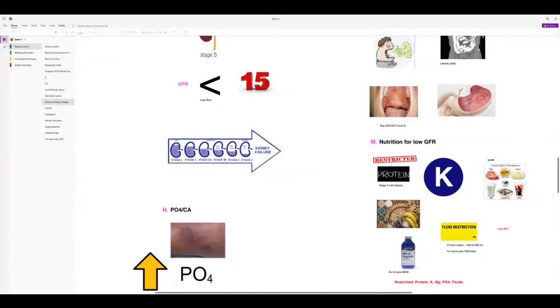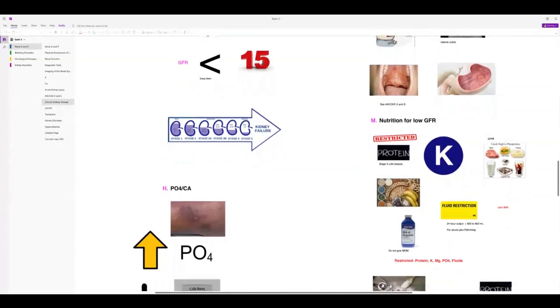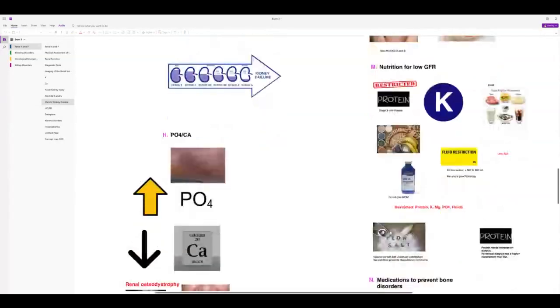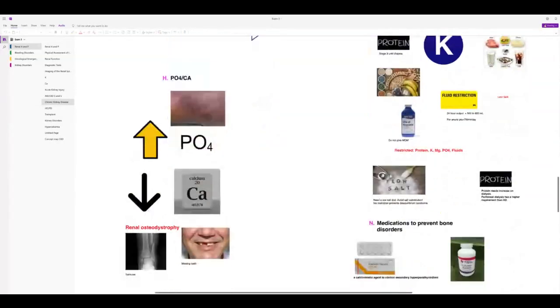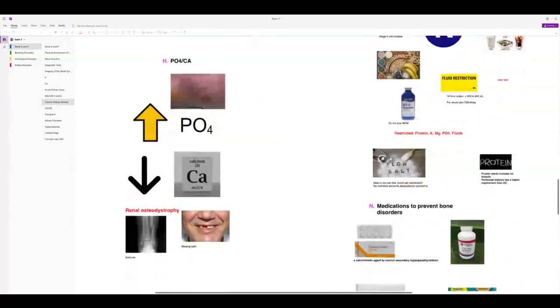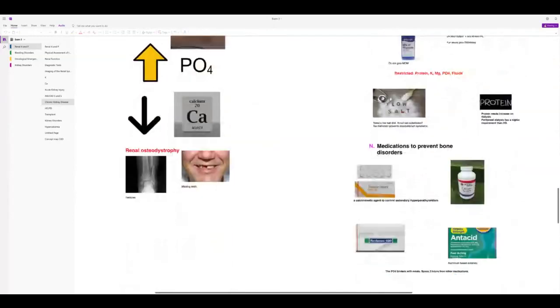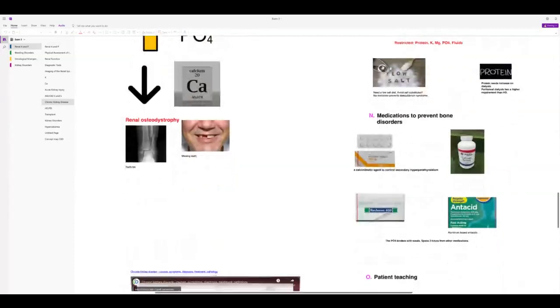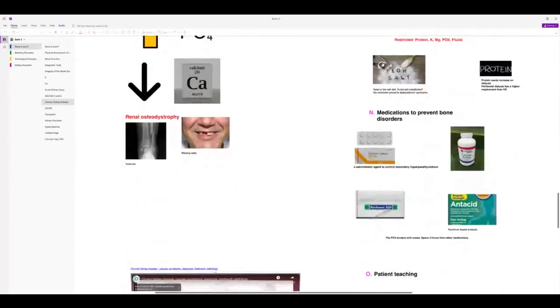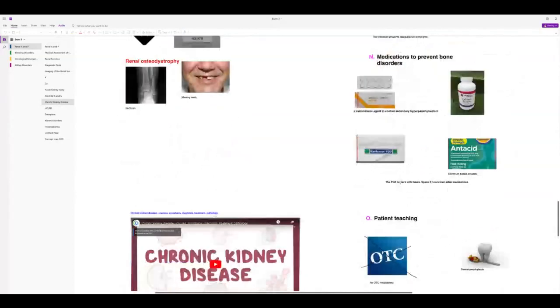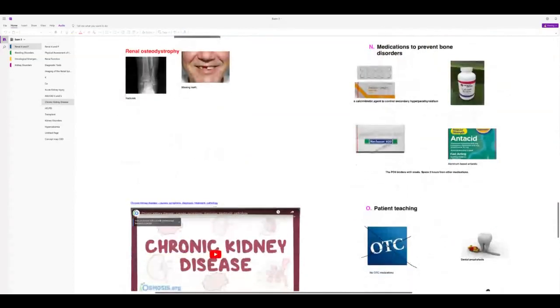So stage 3 and 4 is going to be low protein, low potassium, limit foods in phosphorus, low magnesium diet, and restrict fluids. All right, and I told you protein needs to increase once they hit dialysis, okay? To prevent bone disorders, they can get calcium, they can get sevelamer. That's a phosphate binder.